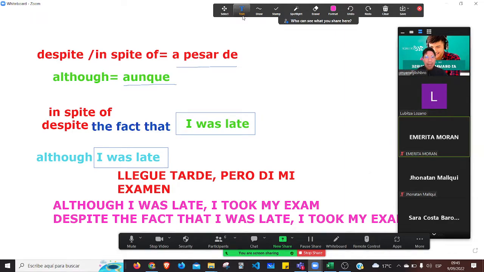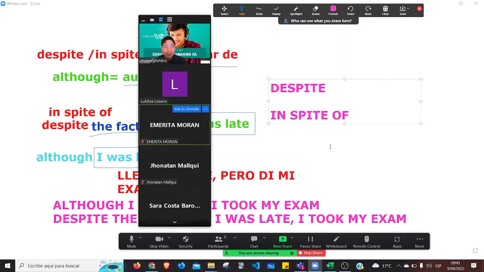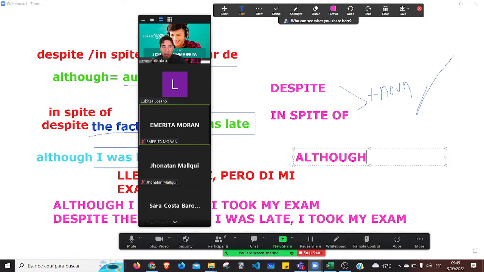Ahora, aparte de usar el the fact that, había otra estructura que se podía usar con el despite y con el in spite of. ¿Se acuerdan? ¿Qué podía ir? ¿Un qué? Un sustantivo. Perfecto. Con el although, plus noun no existe.